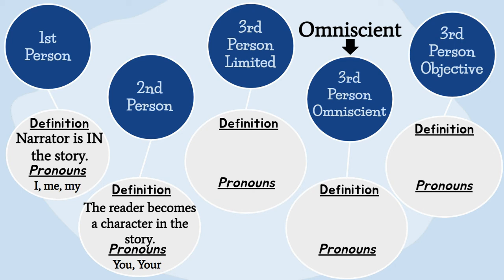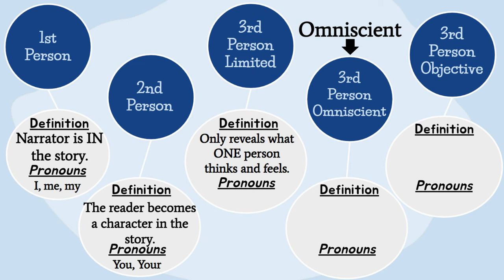Okay. Third person limited. This is another really common one besides first person. Third person limited is when it only reveals what one person thinks and feels. I'll use Harry Potter as an example. Those books follow Harry Potter. But I only know what Harry Potter is thinking or feeling or doing because the book always follows that character.